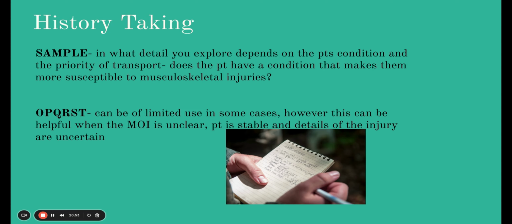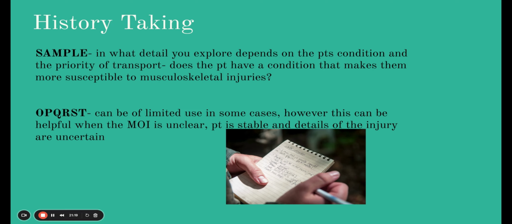Do they have any type of condition that makes them more susceptible to musculoskeletal injuries? Does she have osteoporosis? Has she had cancer in the past? And then you have OPQRST. Does anything make it better or worse? It can be limited in most cases for these types of injuries.